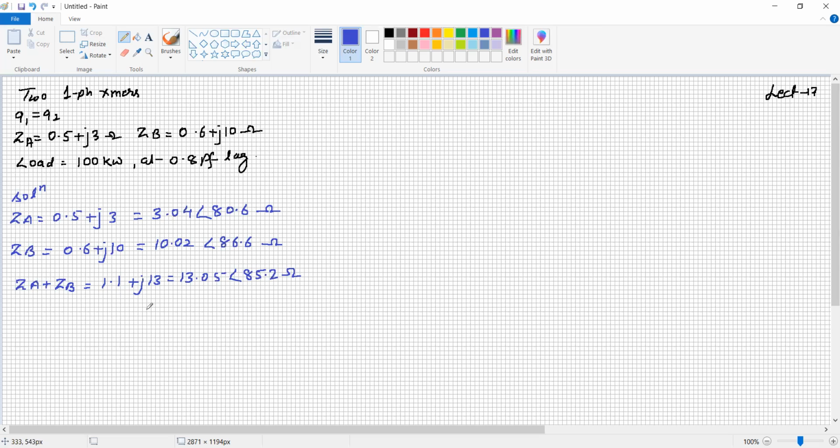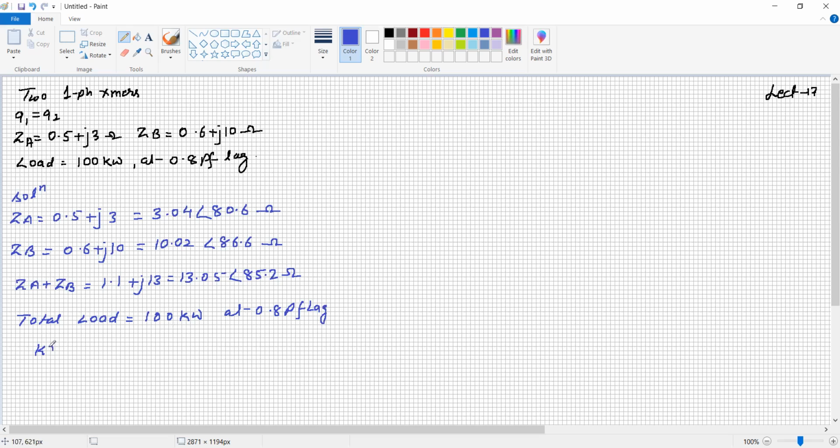Now the total load is given as 100 kilowatt at 0.8 power factor lag, so it can be converted into kVA.